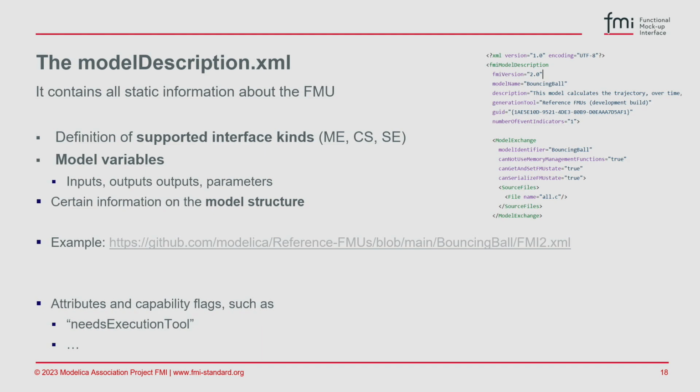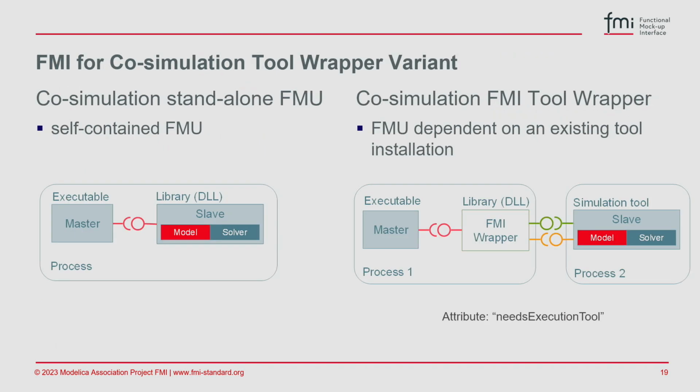There can also be additional information, so-called capability flags and attributes. There are some optional things in the FMI standard or some additional information. For example, an attribute needs execution tool. There are certain kinds of FMUs that are not standalone.